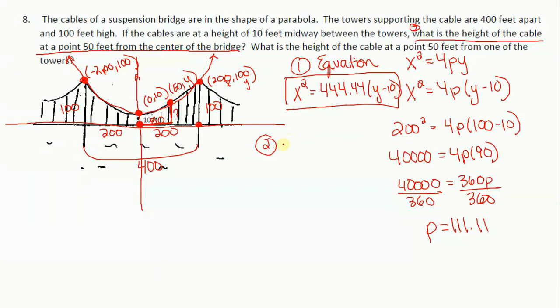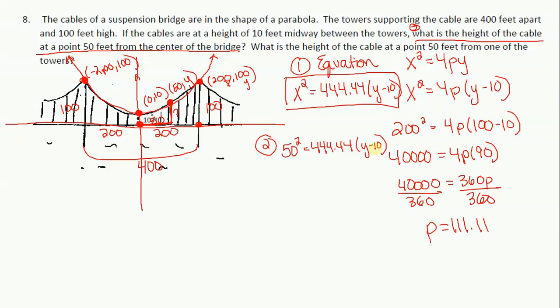So if I plug that in, I'll get 50 squared equals 444.44 times y minus 10. Now, you definitely could distribute in the 444, but that's going to take a little longer. I honestly would divide by that number, because it's just this times that, right? That way you don't have to deal with adding kind of a gross number and then dividing by that gross number.